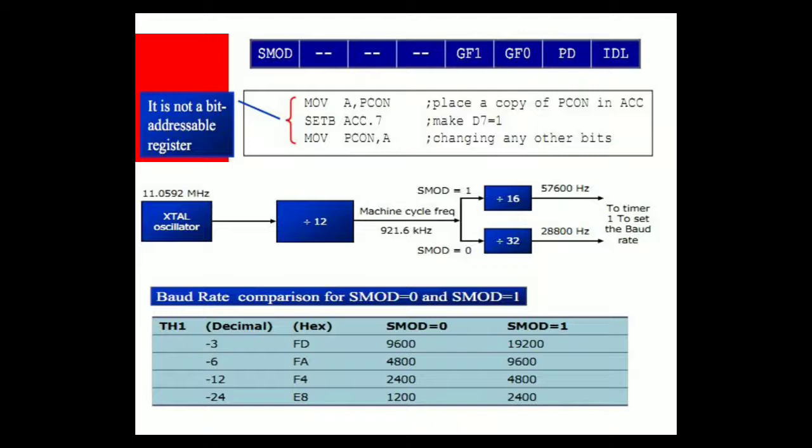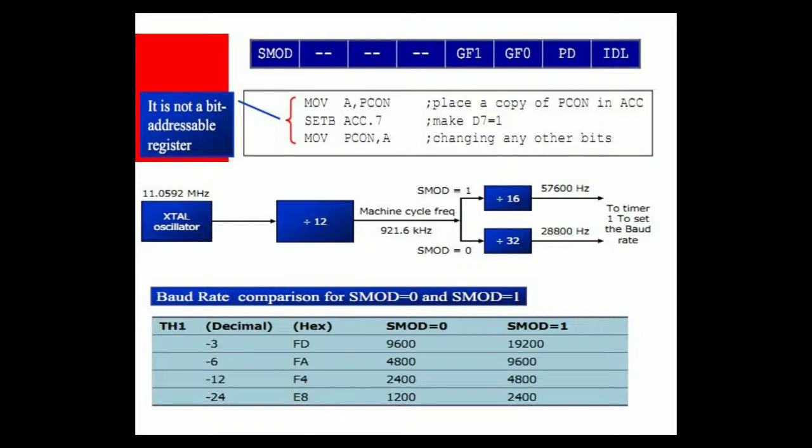But if you want to increase your baud rate due to some device upgradation, then we have to make the SMOD bit 1. Then it will be divided by 16. When your denominator is 16, obviously the frequency gets doubled.